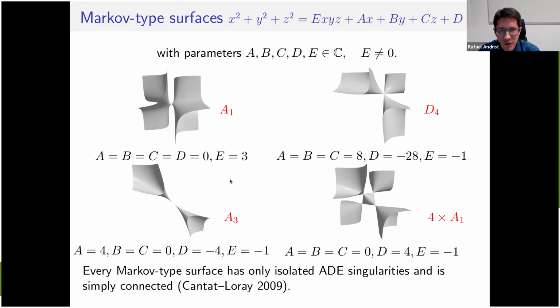I do not know if A5 occurs, but for a cubic, A5 is the maximum. So we can already exclude most of the singularities, and then we just have a few. I have not seen a list that would say, if you plug in A, B, C, and D, which singularity you have, except for D4. For D4, you have basically, up to some rescaling or isomorphism, only this one example. Thank you.